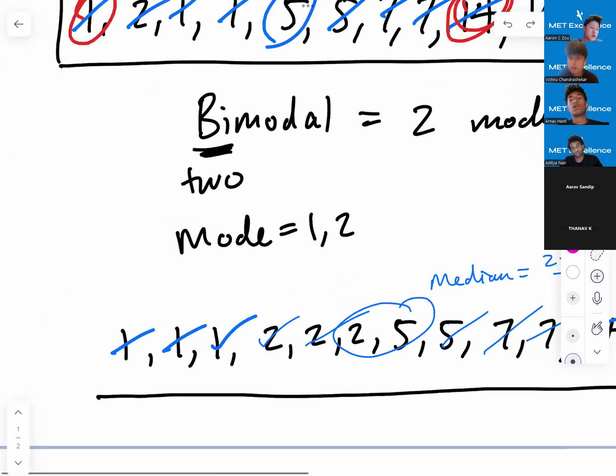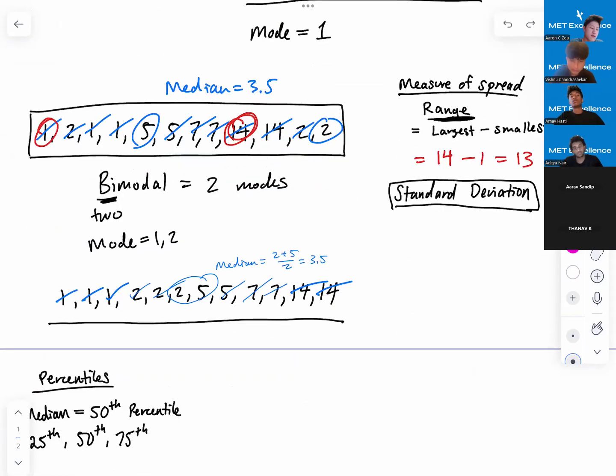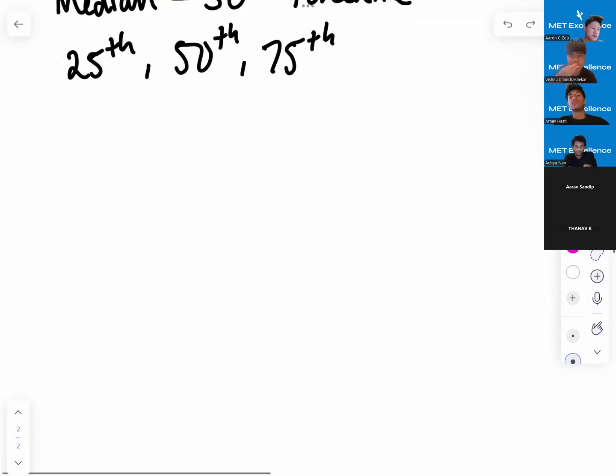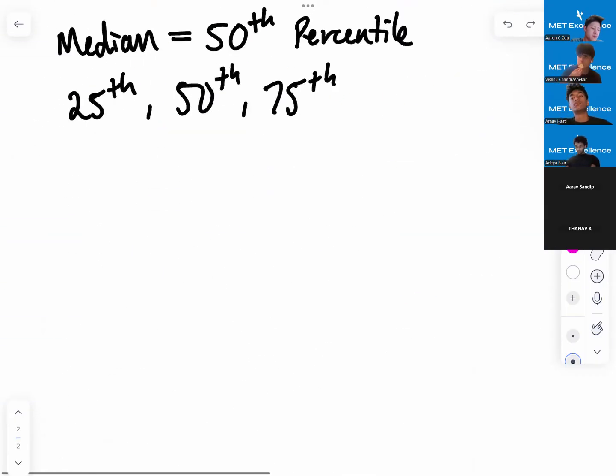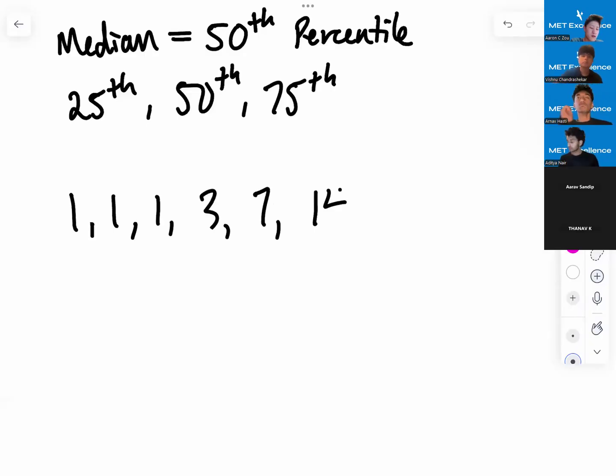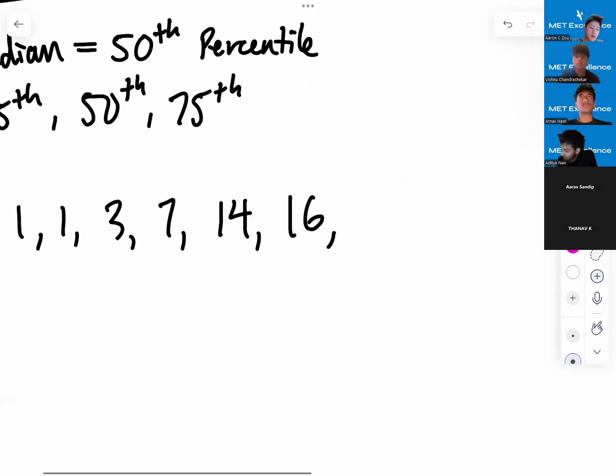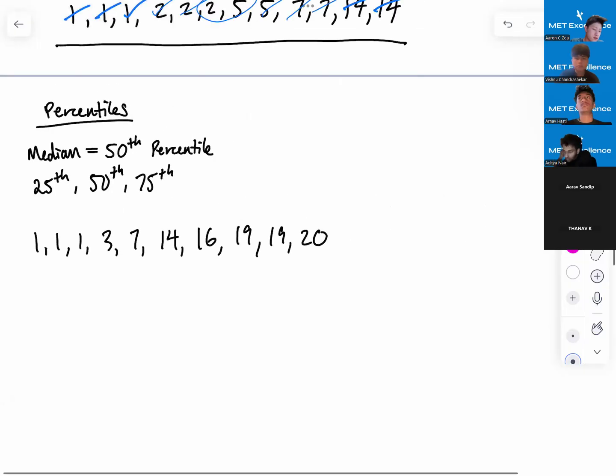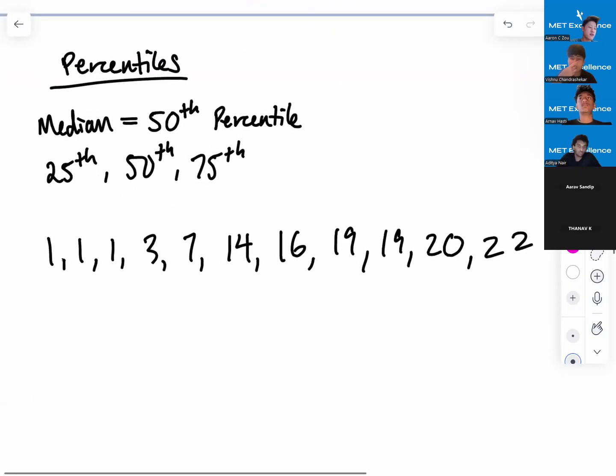Let's use a different list here. Okay, 1, 2, 3, 4, 5, 6, 7, 8, 9, 10. Okay, let's calculate the 25th, 50th, and 75th percentile and put it in the chat.